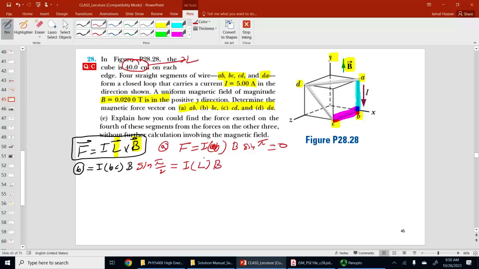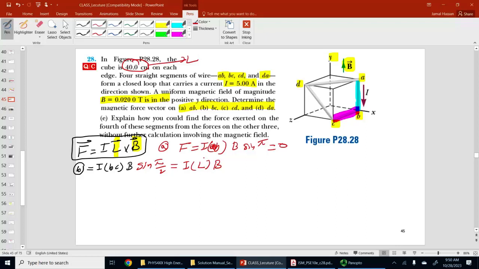Okay. Now the direction. The direction is important. How do you find the direction? You find it using the right hand rule. So which direction should the force be? Think about it.